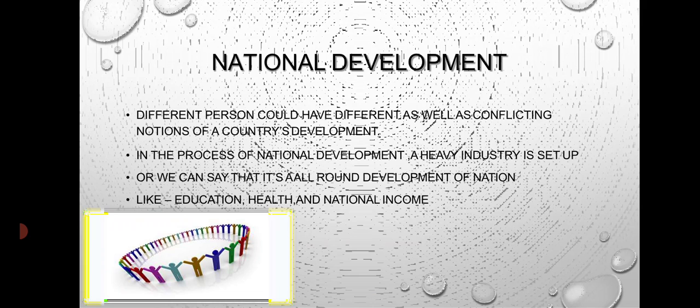And in the process of national development, a heavy industry is set up, or we can say it's all-round development of a nation when each and every sector of the economy is developing, whether it is primary, secondary and tertiary, each and every part of the economy is growing.